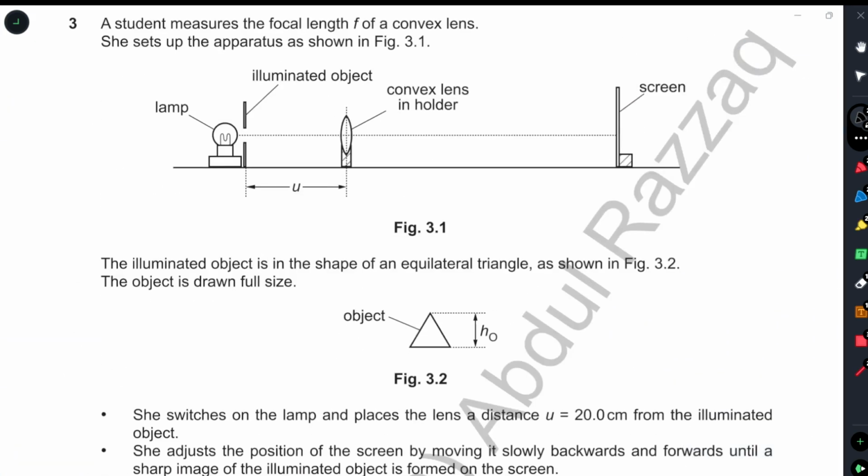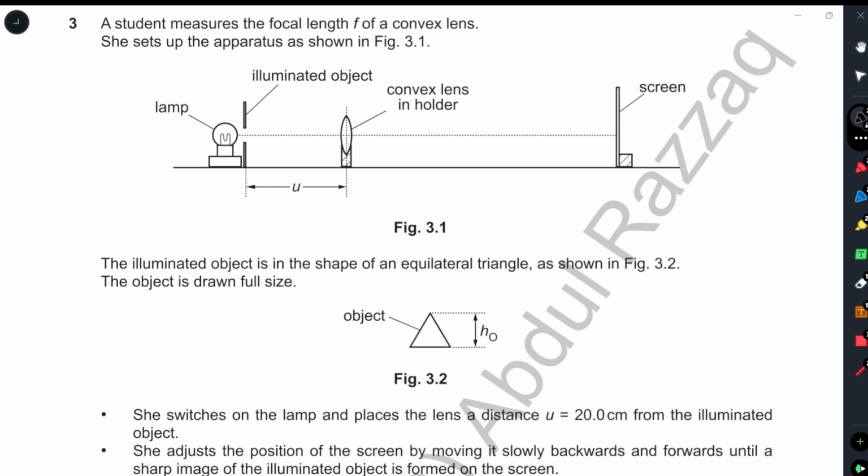Then we have question number 3. Question number 3 says what? Student measures the focal point f of a convex lens. She sets up the apparatus as shown in figure 3.1. Illuminated object is the shape of an equilateral triangle as shown in figure 3.2. Right? ठीक है, illuminated object, the object is drawn full size.